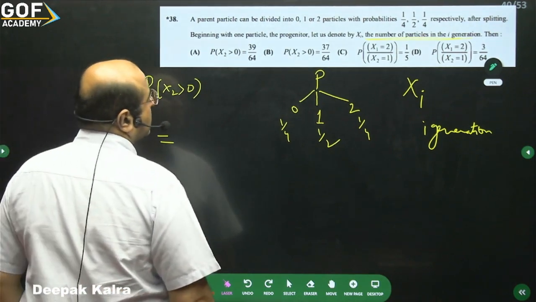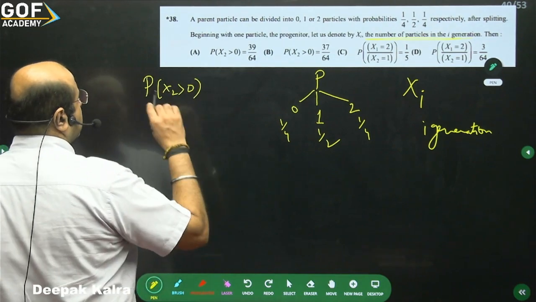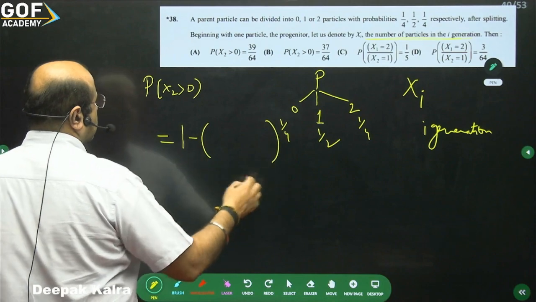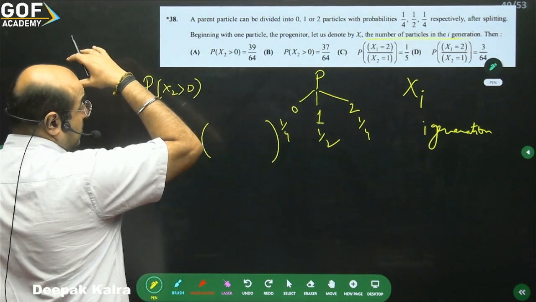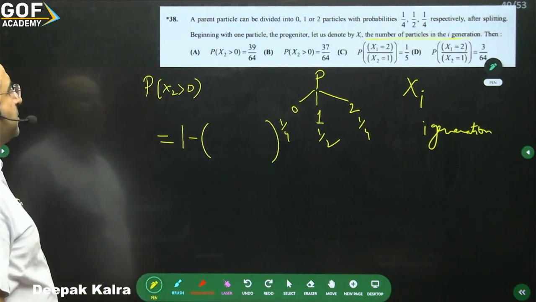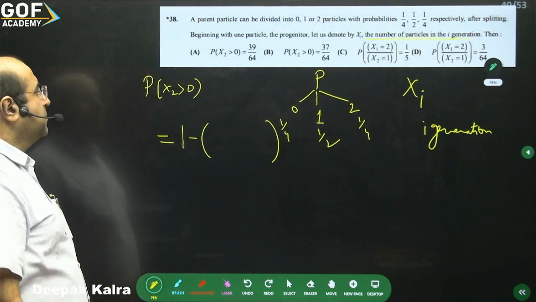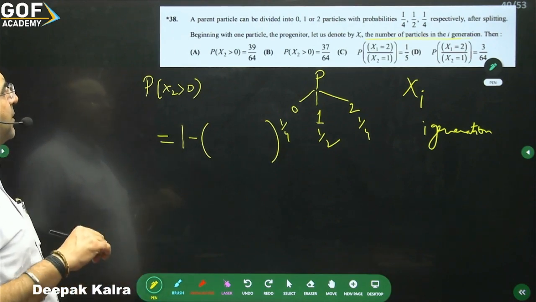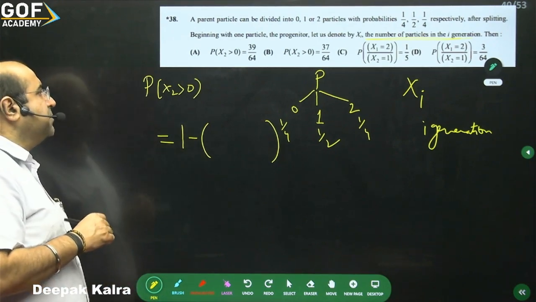So in the second generation, I want to subtract those cases when the particles could be 0 possible. So it is not required that we should go for first generation as well.